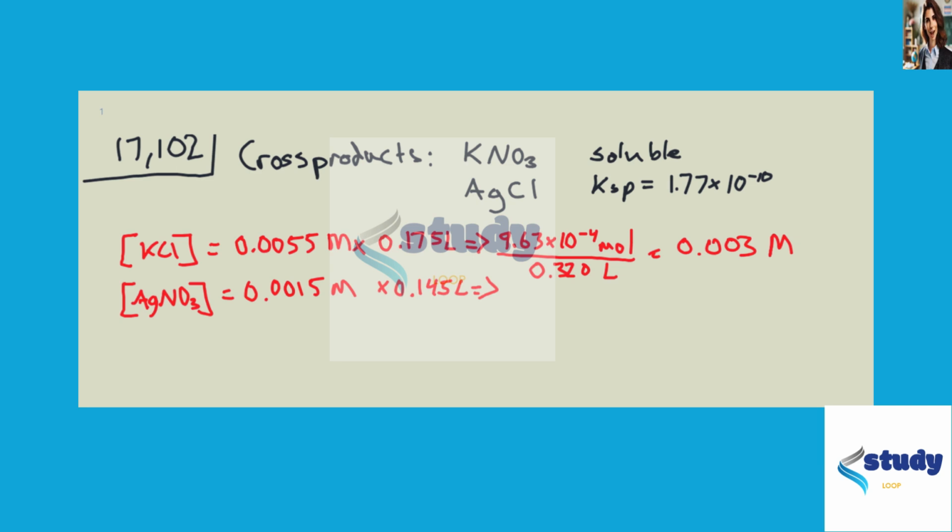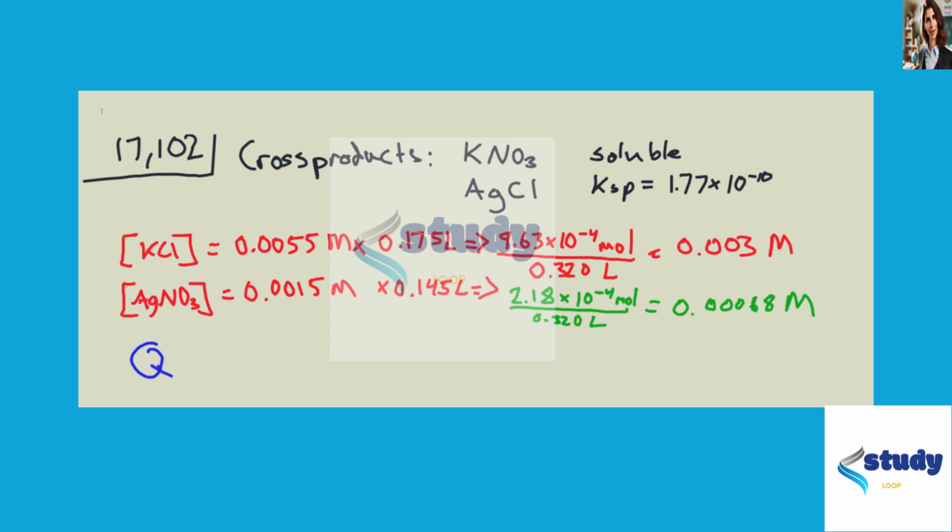That gives us 2.18 times 10 to the minus 4 divided by the same volume is equal to 0.00068 molar. So now we can calculate Q.